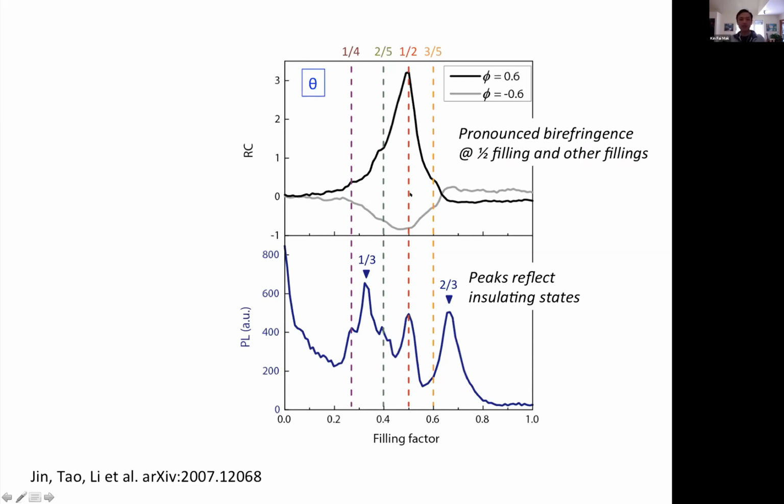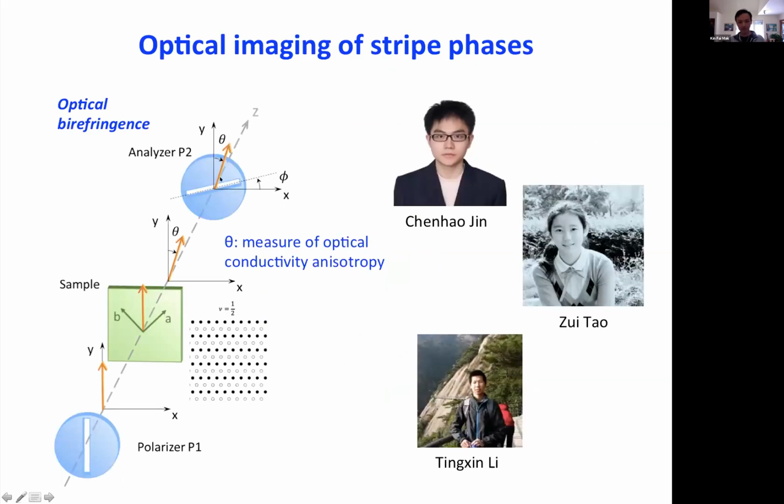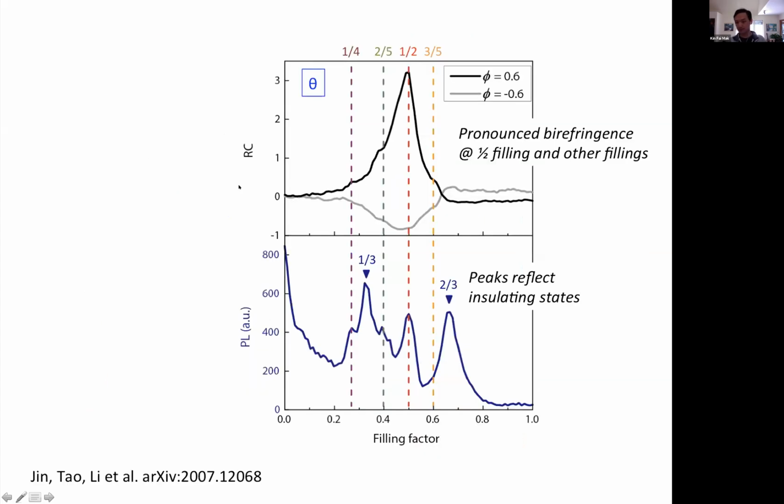The main thing I want to mention here is that we see a pronounced peak at 1/2 filling, right? At filling factor equal to 1/2, we have a large rotation in the polarization. There are two curves here. I don't want to get into the details. They are basically the detected signal when we rotate the polarizer to a positive angle or negative angle compared to 90 degrees, so it either constructively or destructively interferes with the signal we want to detect.